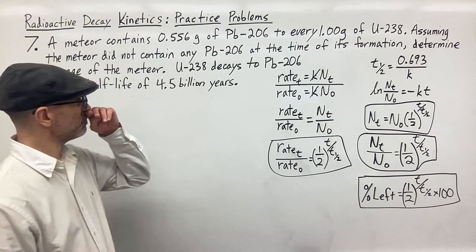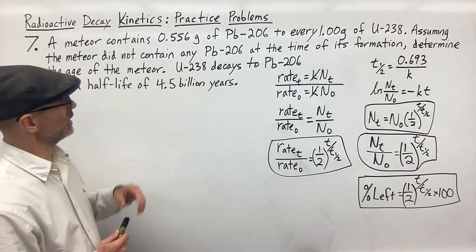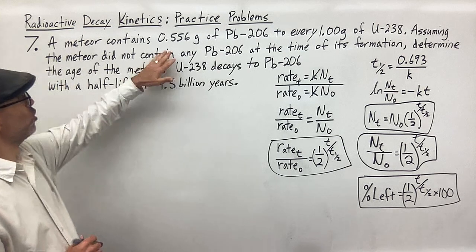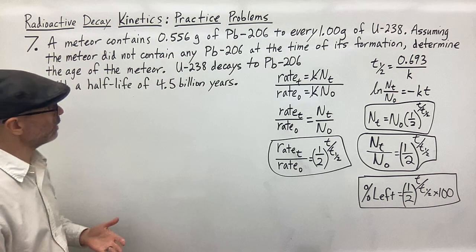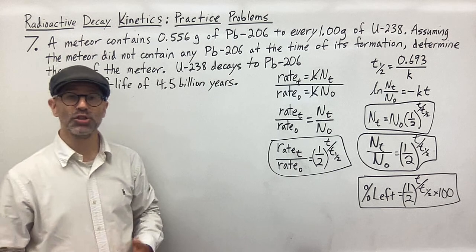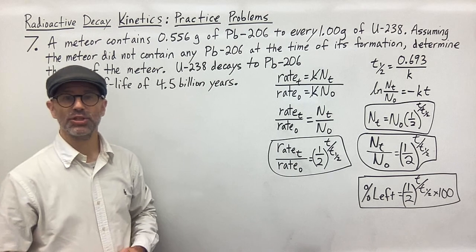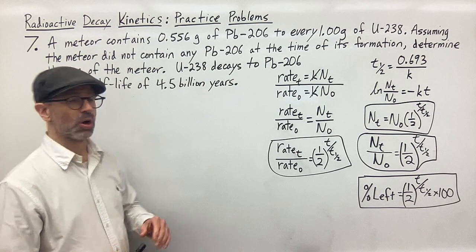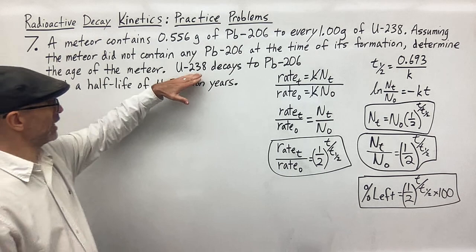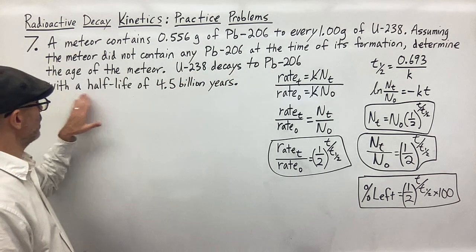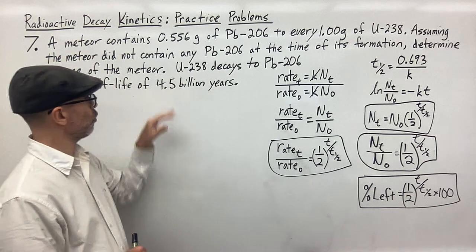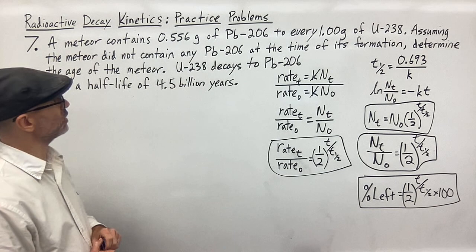Okay, so we need to determine the age of the meteor. We know that it right now contains 0.556 grams of lead 206. We're assuming that there was no lead 206 to begin with. We're also given the information that uranium 238 decays into lead 206 with a half-life of 4.5 billion years.